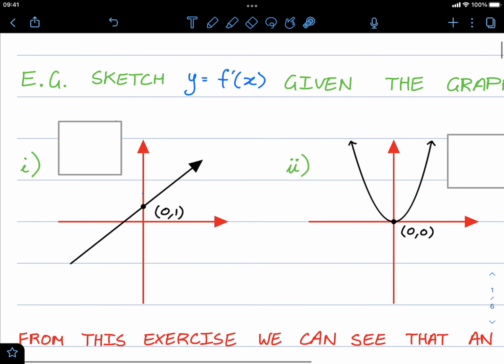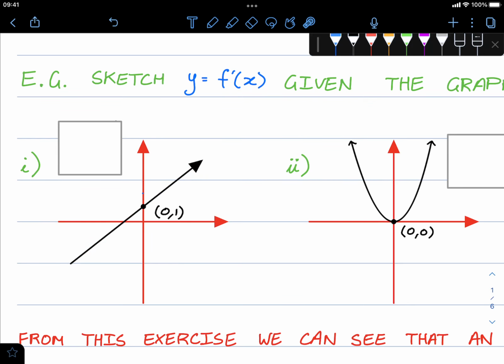So here we have a straight line, so y equals mx plus c. And we can see that its derivative would be just the gradient of this line. Since we don't know what the gradient is, its derivative we know is just a horizontal line, but we don't know where it is.